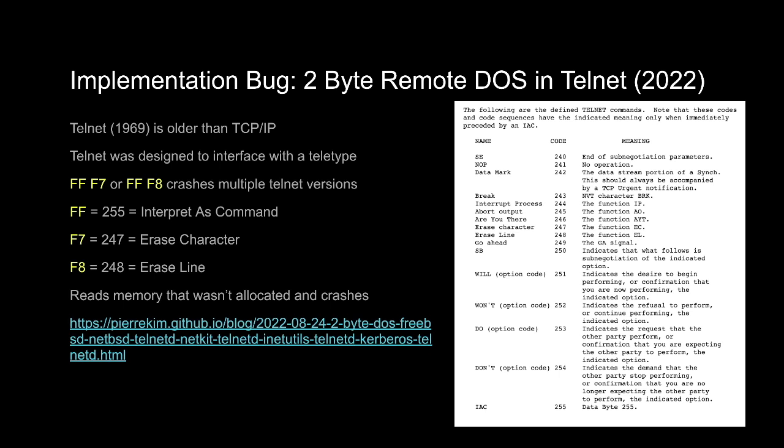There's this character IAC, or 255, or FF, which says that the next incoming byte is a command, and to treat it as a command rather than data. So an FF is sent, and then any one of these other values, which would be one of the special characters in Telnet.